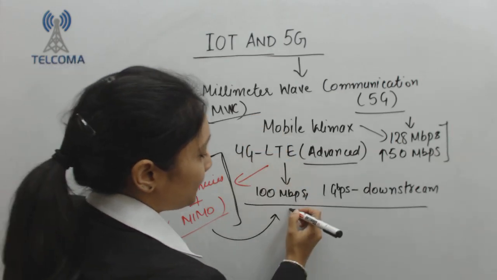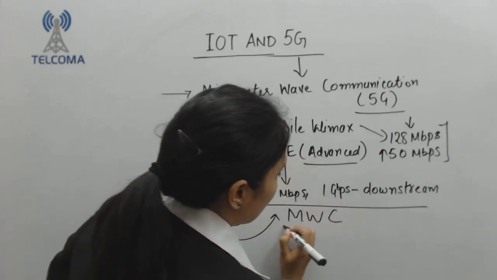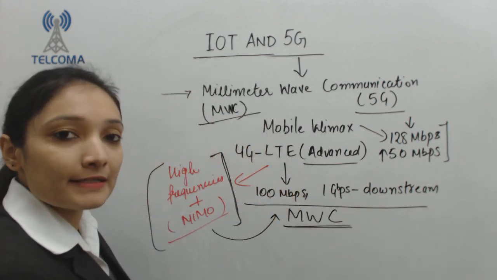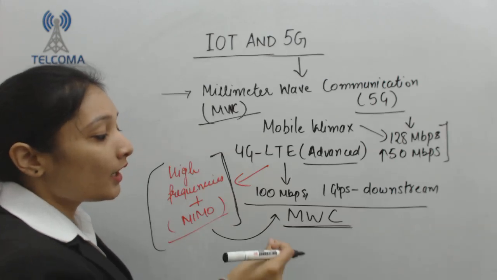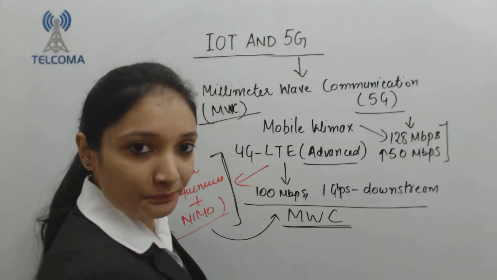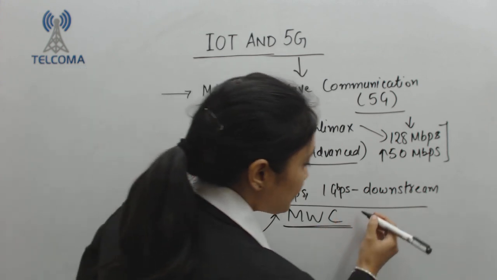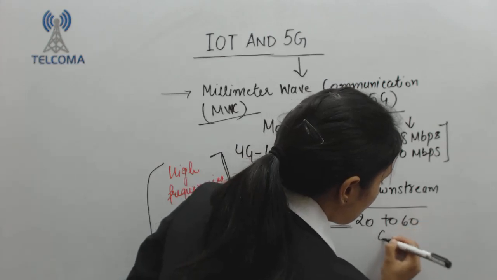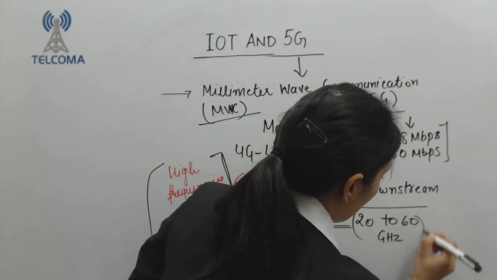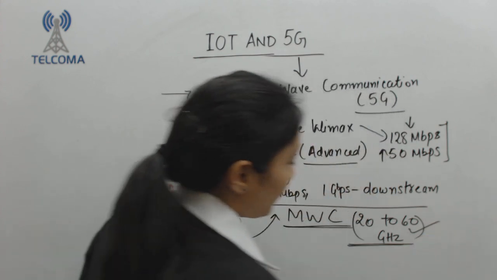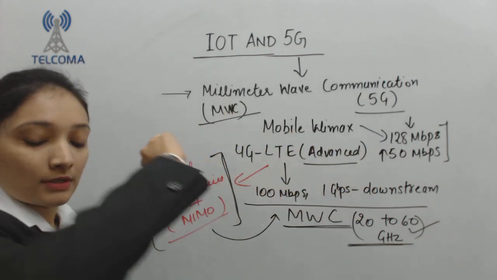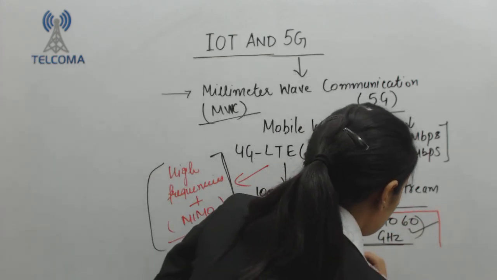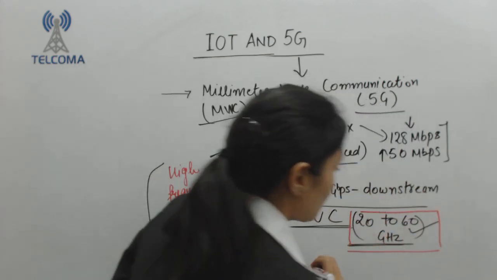So here we have millimeter wave communications, which allow wireless internet access to use the millimeter wave bands in your frequency, ranging from 20 to 60 gigahertz. So the fifth generation of cellular technologies will be using these frequency ranges.